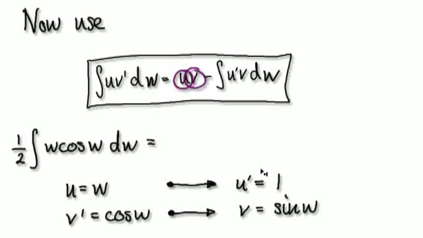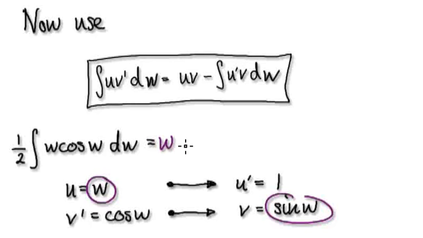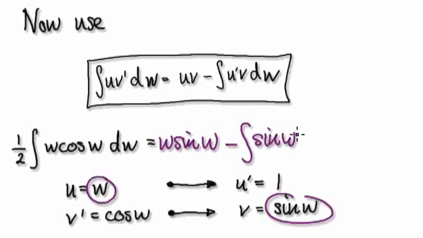So now just blindly follow this. Get u times v. So that would be w sine w minus the integral of, it is saying get u prime times v. So that would be simply sine w and then dw.